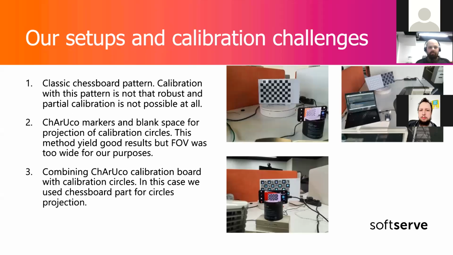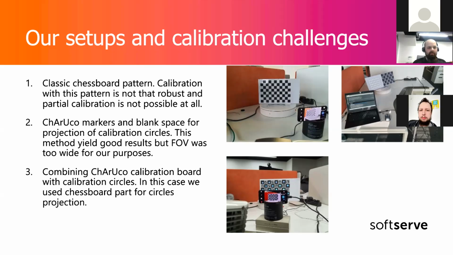So we went through several setups, and the first one was the classic chessboard pattern setup. It's quite common and quite robust, and one of our calibration methods uses the chessboard, but it has some limitations.